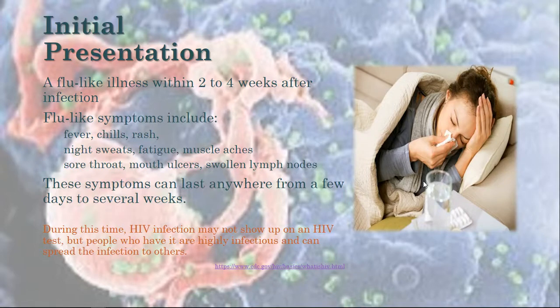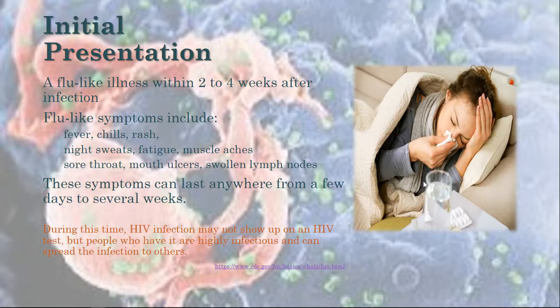So during this time, it's important to note that the HIV infection may not show up on an HIV test, but people who have it are highly infectious and can spread the infection to others. So if someone knows or feels that they've been exposed, it's best for them to remain abstinent and try to limit exposing anyone else to the virus until they can be tested and confirm whether they actually have HIV or not.